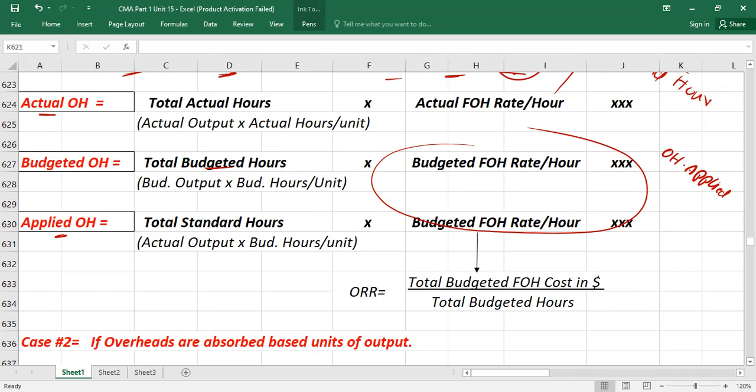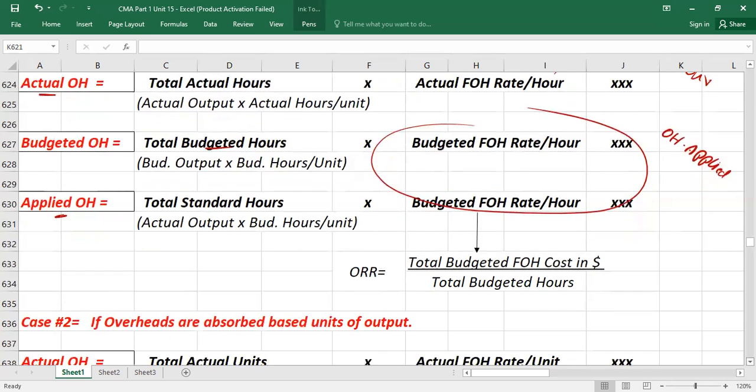Now I'm going to explain these three things again, but based on output. Second case, three things we will find again: actual overhead, budgeted overhead, and applied overhead, but based on output now. Just remember, and then I'll tell you what the variance is.